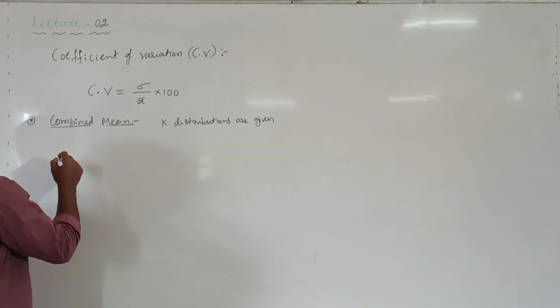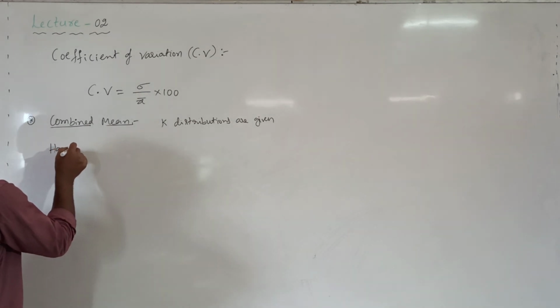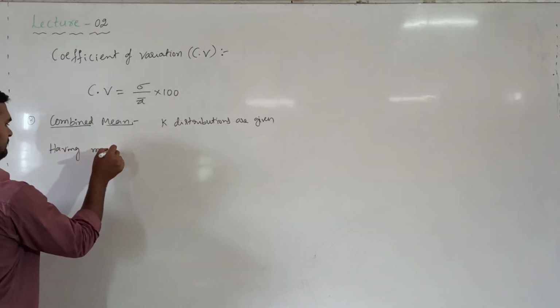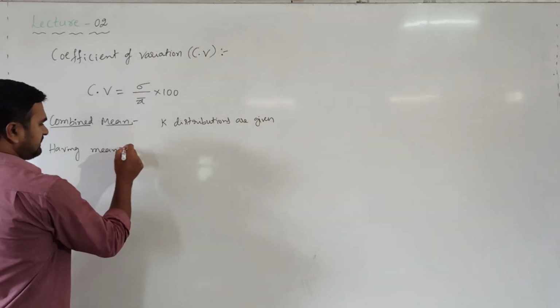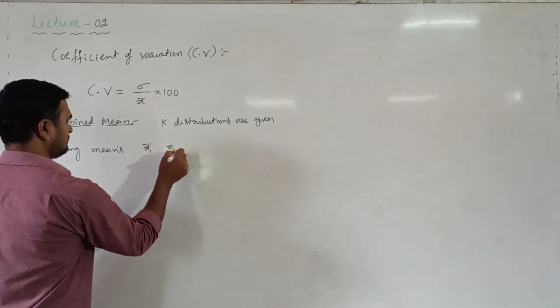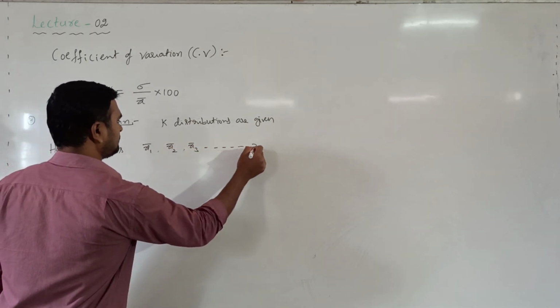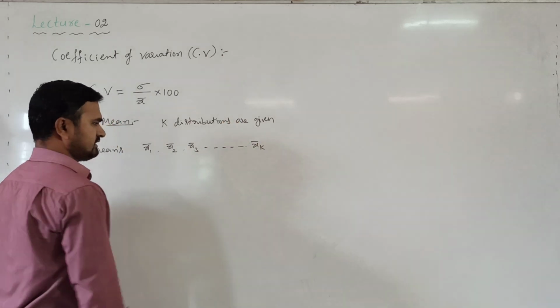Suppose the distributions have means x1 bar, x2 bar, x3 bar and so on up to xk bar.